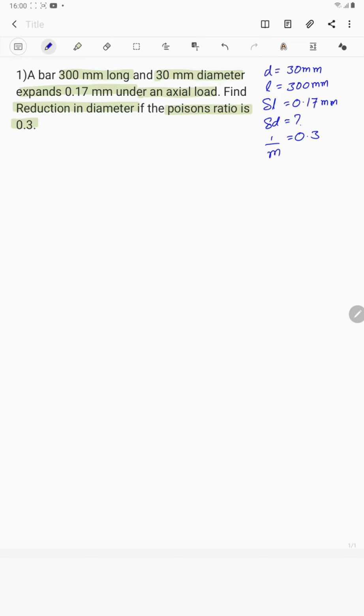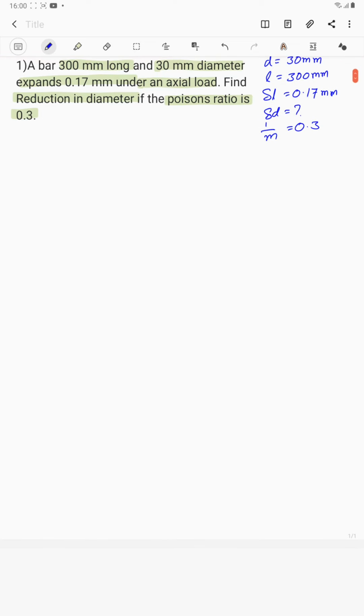Generally, Poisson's ratio denoted by 1 by m. So Poisson's ratio is 0.3. You know Poisson's ratio equal to lateral strain by linear strain. From that you can find the delta D. First let us find the linear strain.